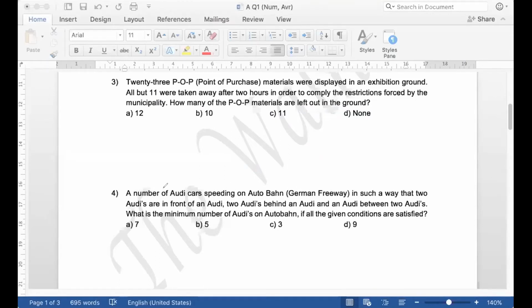A number of Audi cars speeding on an autobahn in such a way that two Audis in front of an Audi and two Audis behind an Audi and an Audi between two Audis. And I see the answer from Amala, Akhil, Angel. Okay, sorry, not from Akhil, that's an answer for the previous question.